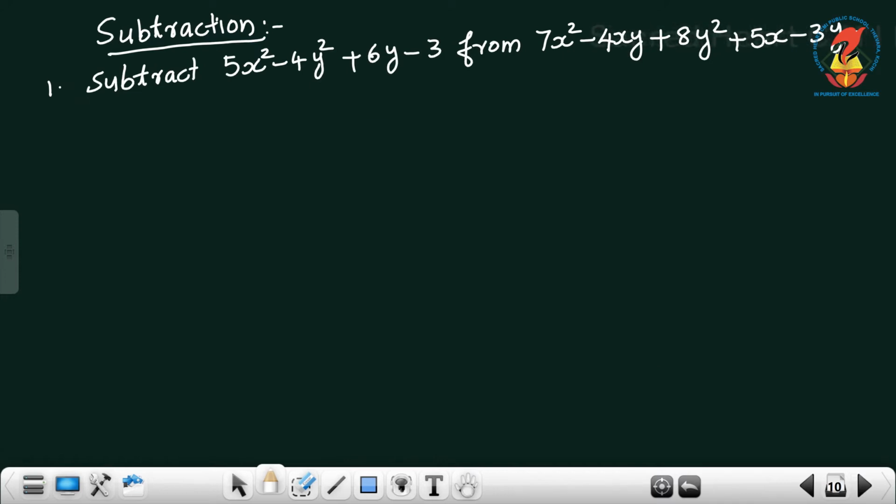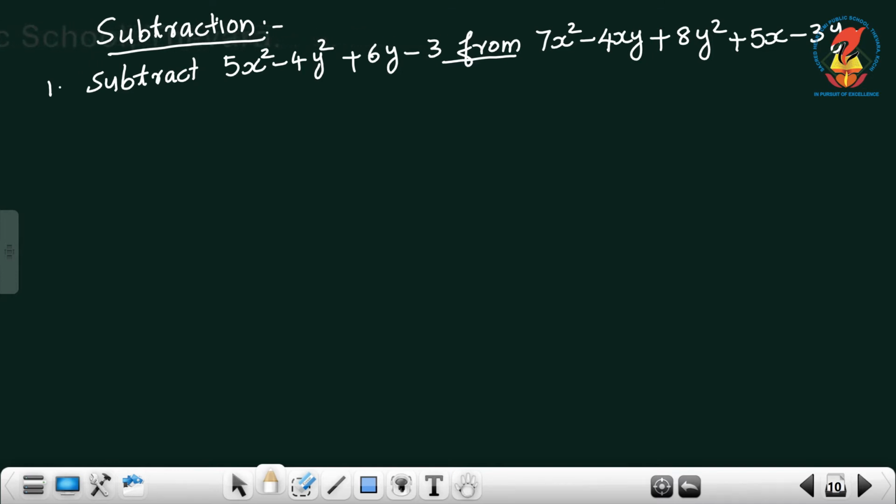Next is subtraction. Subtract 5x square minus 4y square plus 6y minus 3 from 7x square minus 4xy plus 8y square plus 5x minus 3y. Here there is the word from, which is very important.